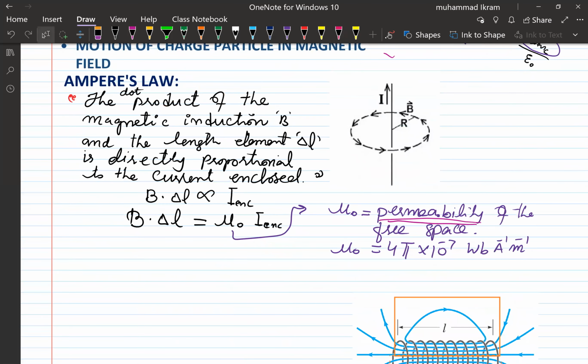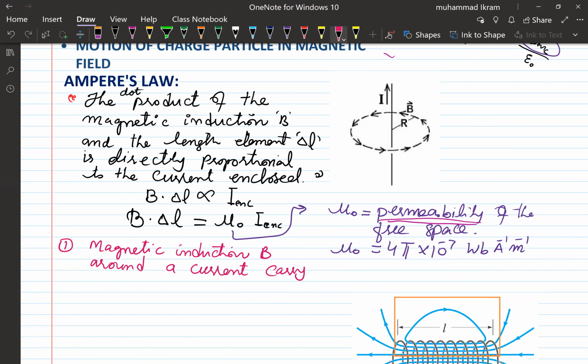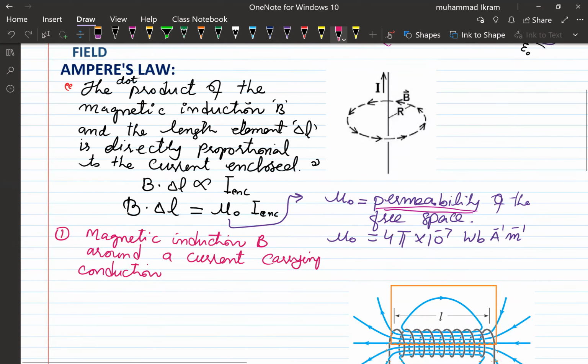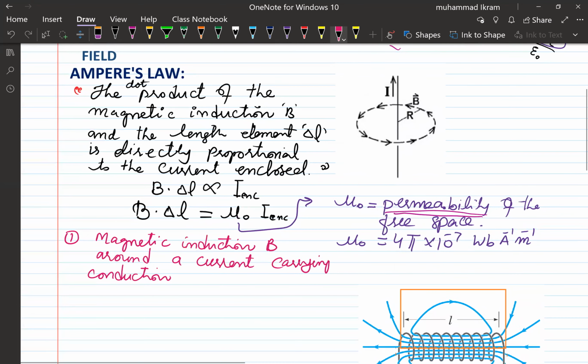What I will tell you is that it is the magnetic field strength, magnetic induction or magnetic flux density B at a point around a current carrying conductor. So I will use this law, the Ampere law, to calculate this.